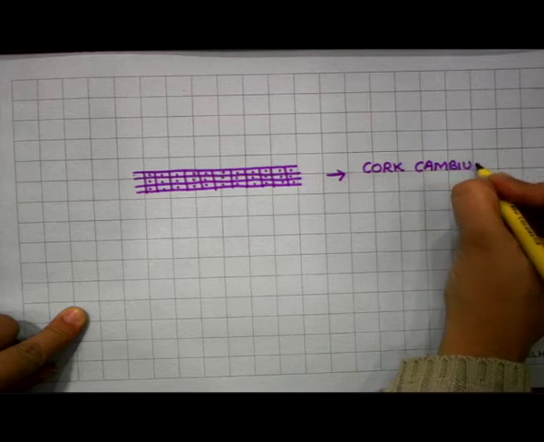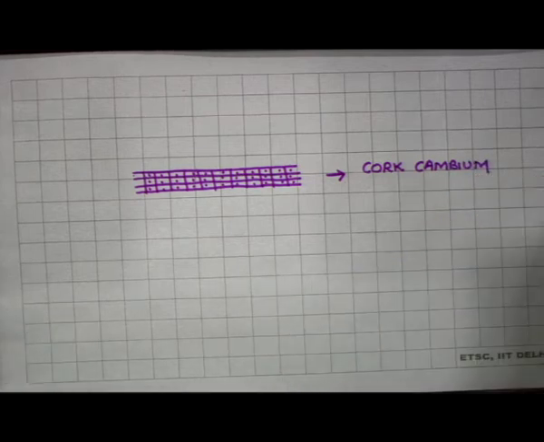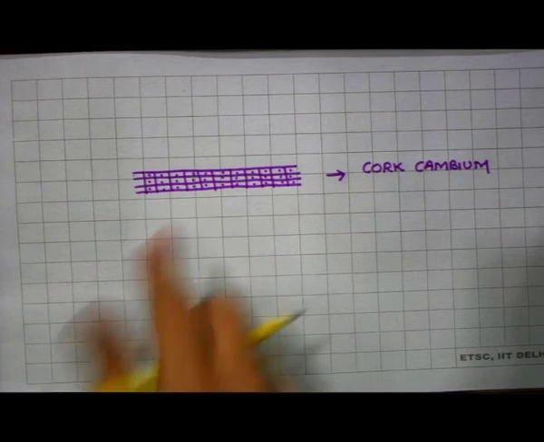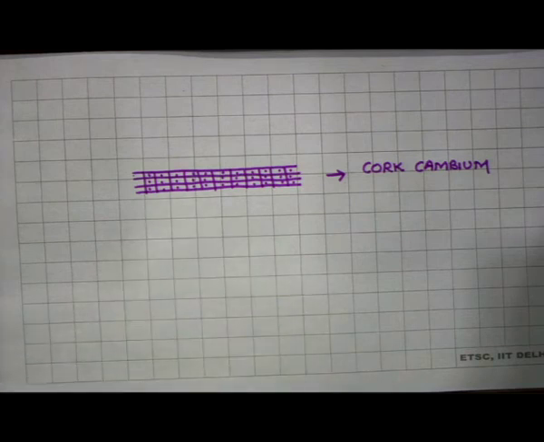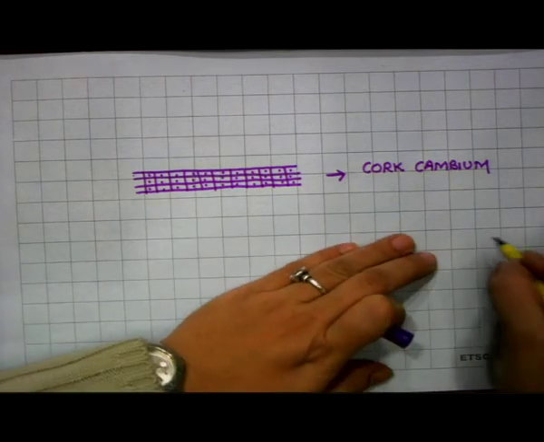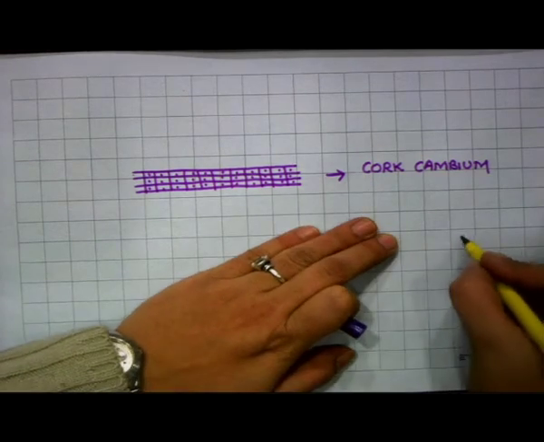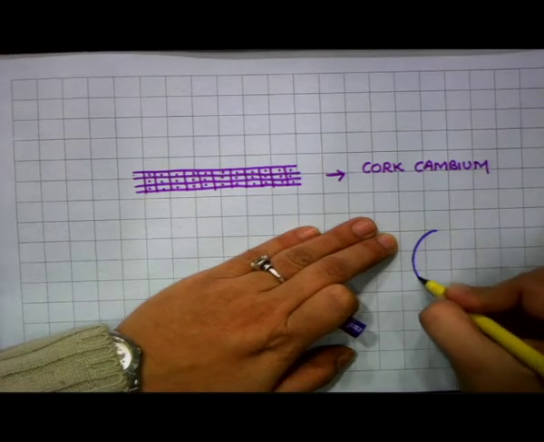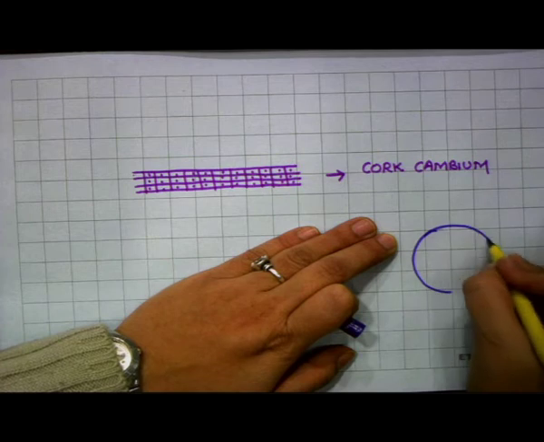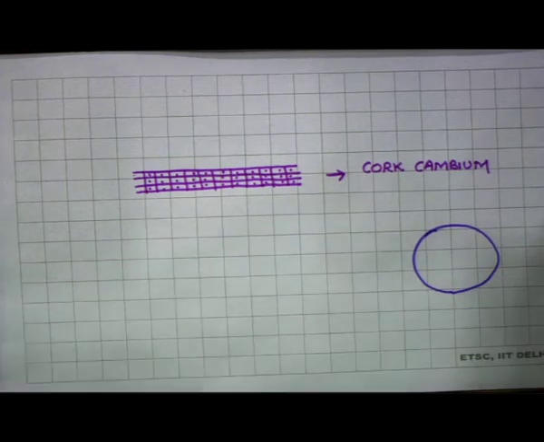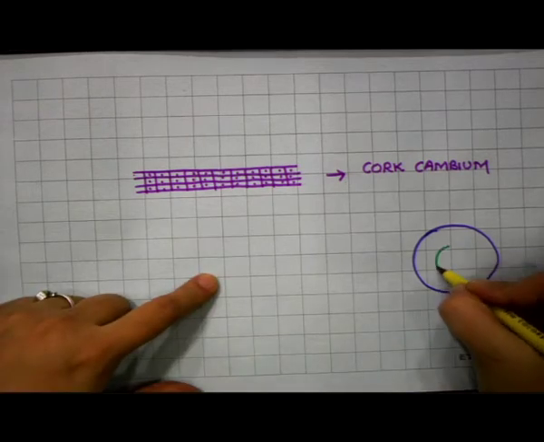By the way, are you clear where this layer has developed? Inside the stem. I will draw a quick small diagram for you. You can see it here now. Suppose this is the stem and this is the stele where a lot of secondary growth has taken place now.